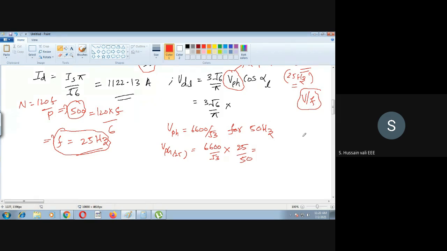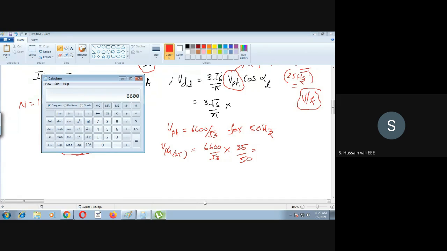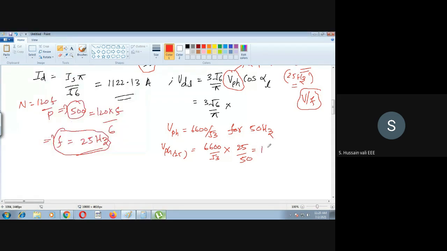Then what is the answer you will get here? 6600 divided by 1.732 divided by 2. 1905.3. So this is the voltage. This voltage you will substitute here now. 1905.3 into cos alpha.